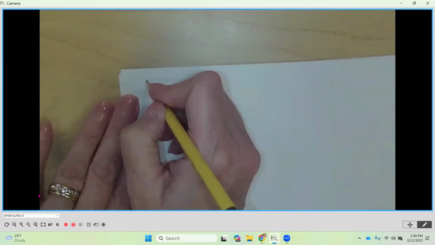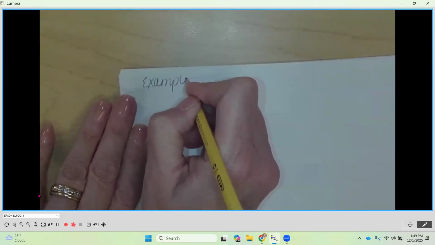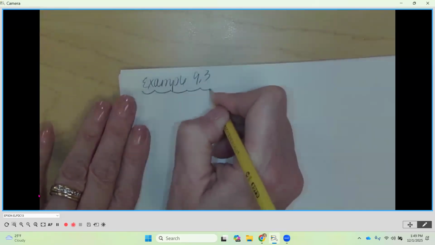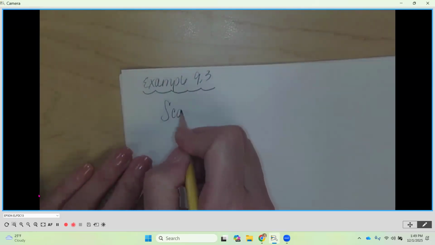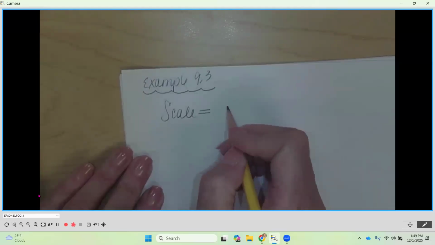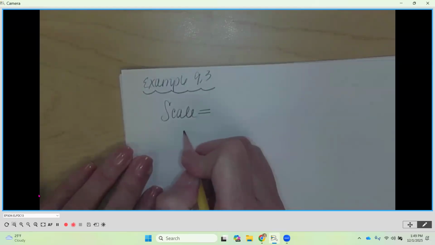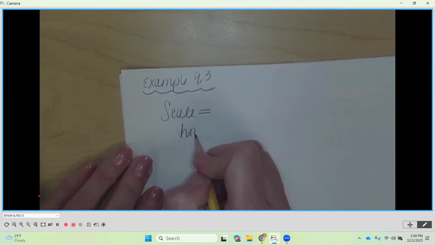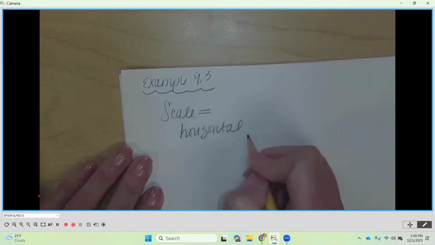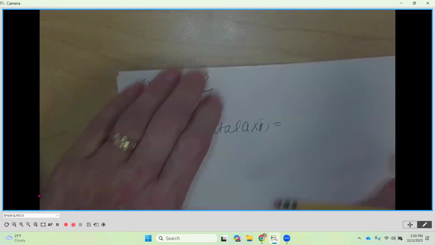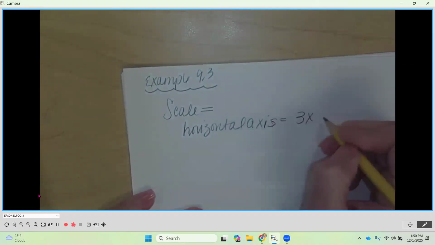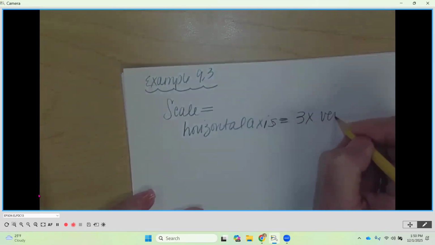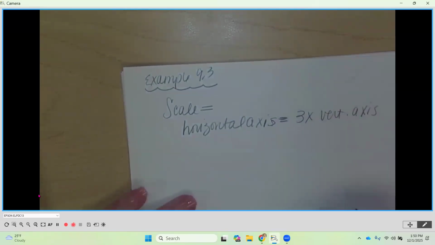So on our example 9.3, and I know this isn't part of what they're having you do, I'm just going to put scale. So how do I want to do this? Horizontal axis equals 3 times vertical axis.